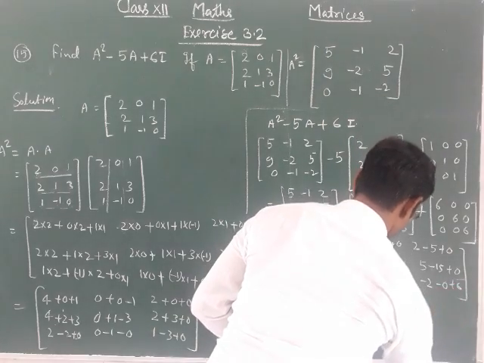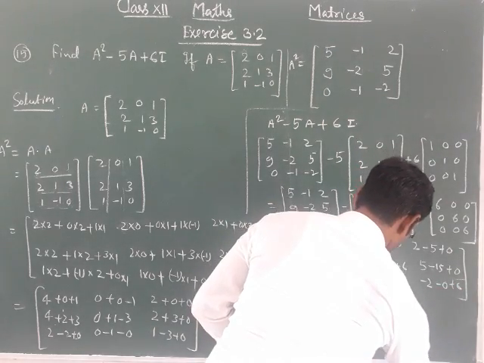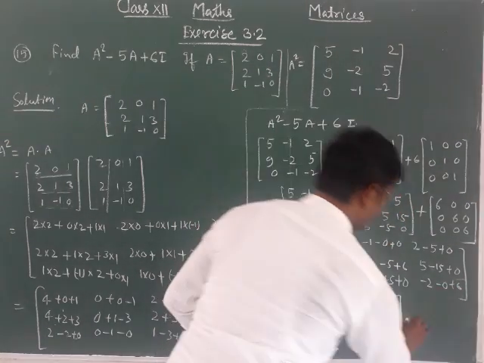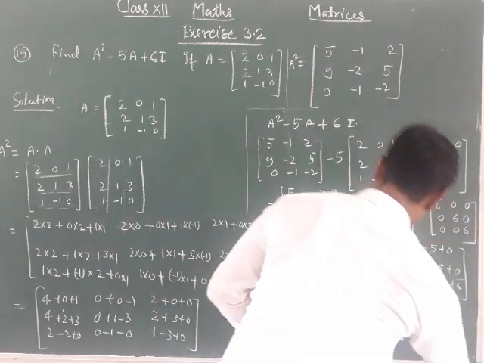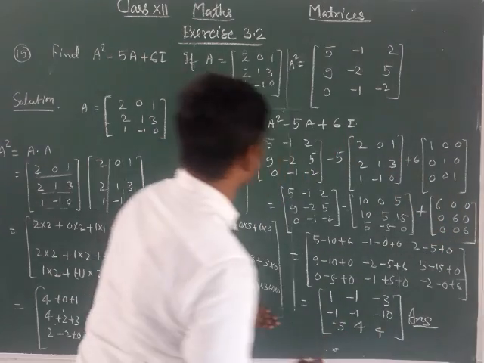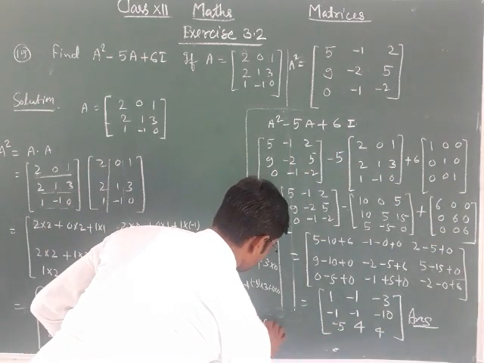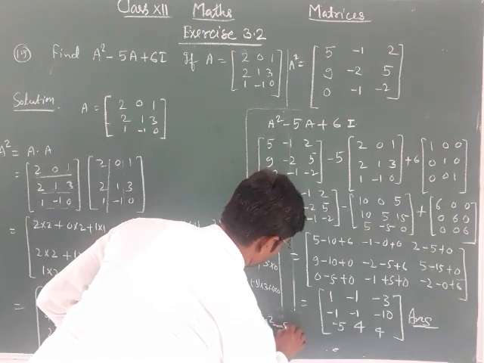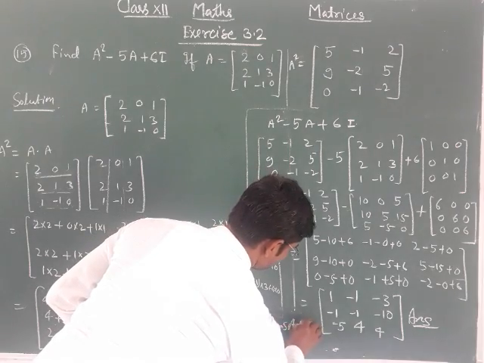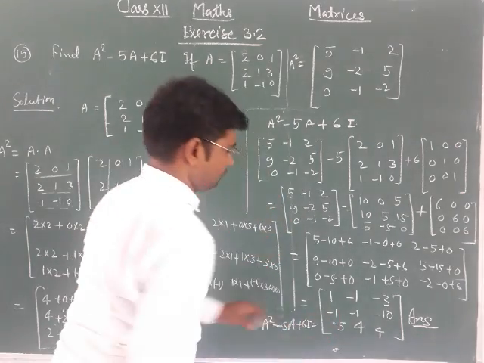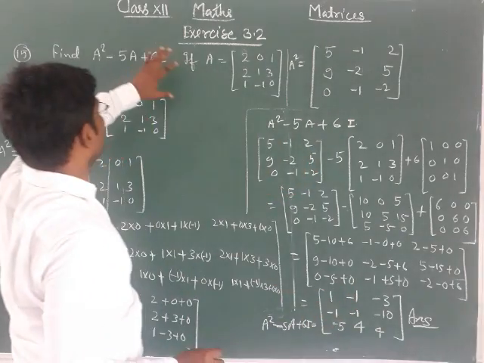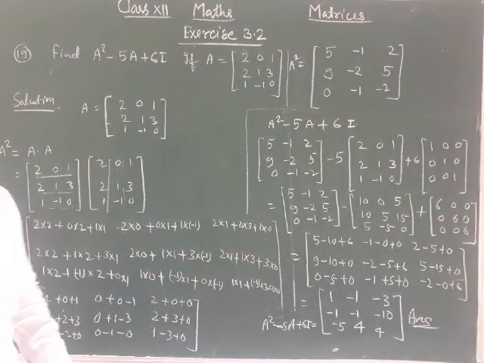So this is the answer, the value of A squared minus 5A plus 6I. This is the answer of the given question. That's all.